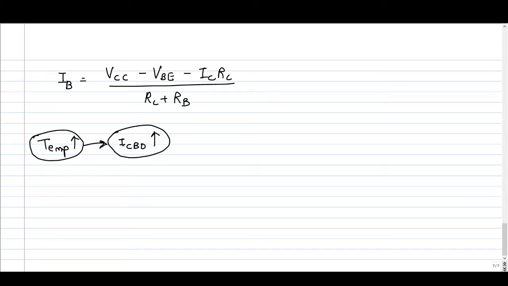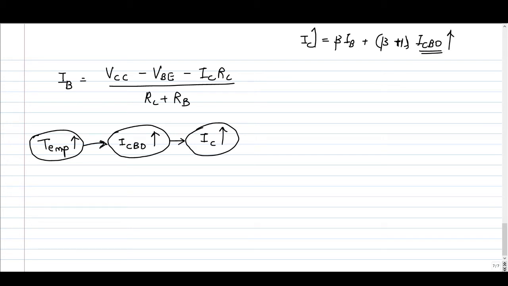This is known to us. So when ICBO increases, what happens? IC will increase. Why? Because, we have already seen this, IC is beta IB plus (beta plus 1) times ICBO. So when ICBO increases, IC will increase.